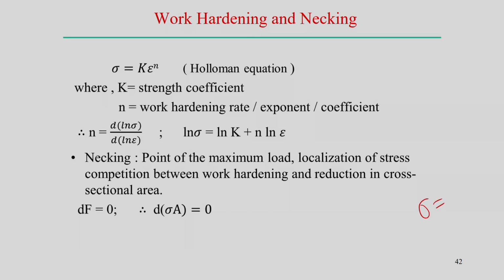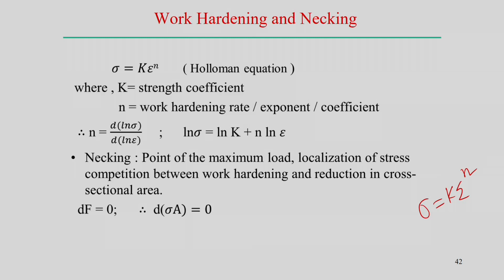We have already discussed the 3-dimensional stress state in terms of the principal stresses, and finally we can arrive at the equivalent stress value. In the easiest, simplest way we can represent the equivalent stress as a single-dimensional stress, and the stress-strain relation in terms of this equation, where K is the strength coefficient.